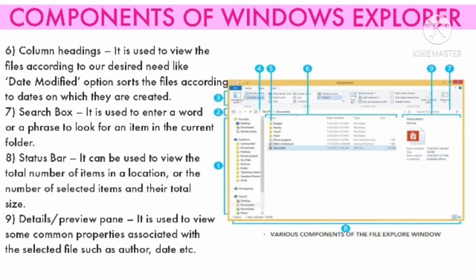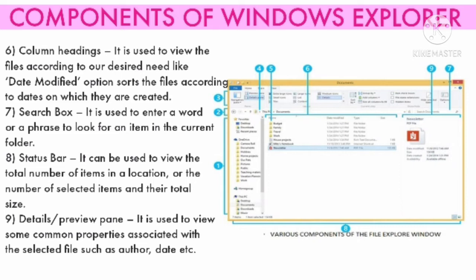Column heading: it is used to view the files according to our desired need, like date modified. Option: sort the files according to the date on which they were created. Search box: it is used to enter a word or a phrase to look for an item in the current folder.